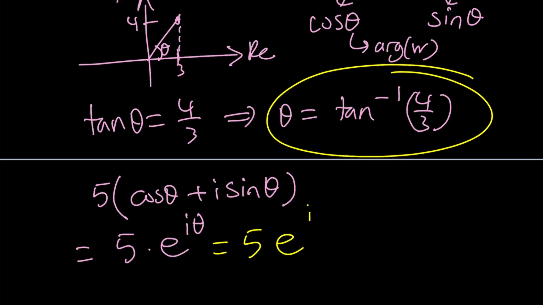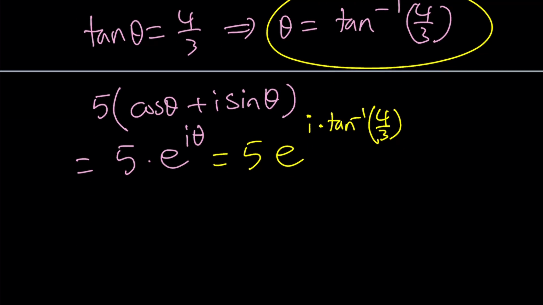i times tan inverse of 4/3, which can be evaluated numerically, by the way. And I believe it's about 53 degrees. And I think physics people use the 4/3 and 3/4 a lot. 37 and 53, 90 triangle, something like that. Anyways, those are approximate.